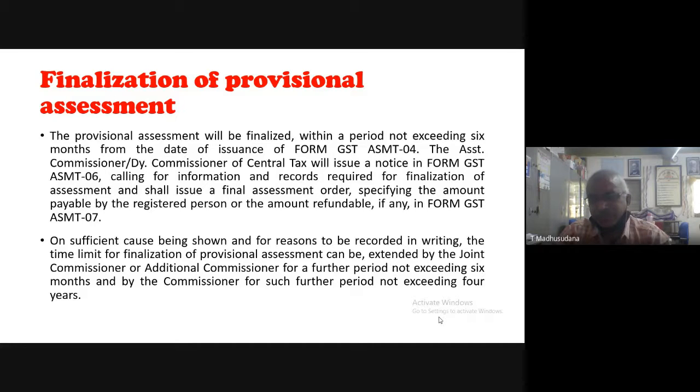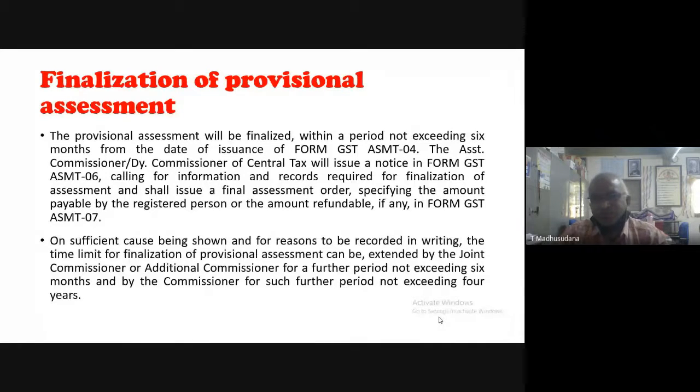The Assistant Commissioner or Deputy Commissioner of Central Tax will issue a notice in Form GST Assessment 06 calling for information and records required for finalization of assessment, and shall issue a final assessment order specifying the amount payable by the registered person or the amount refundable, if any, in Form GST Assessment 07.